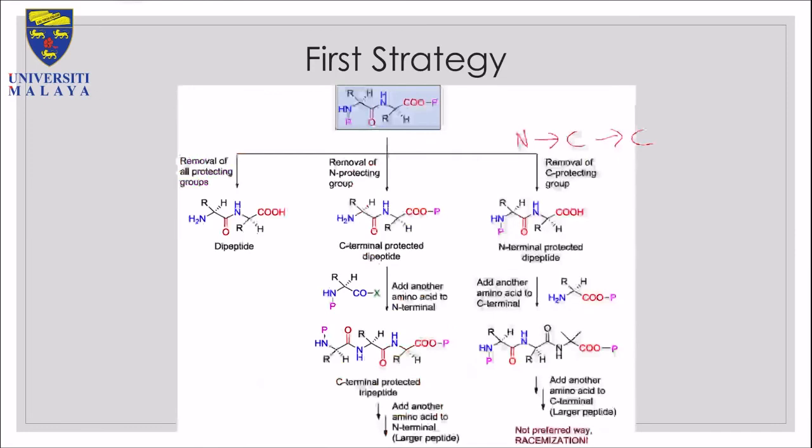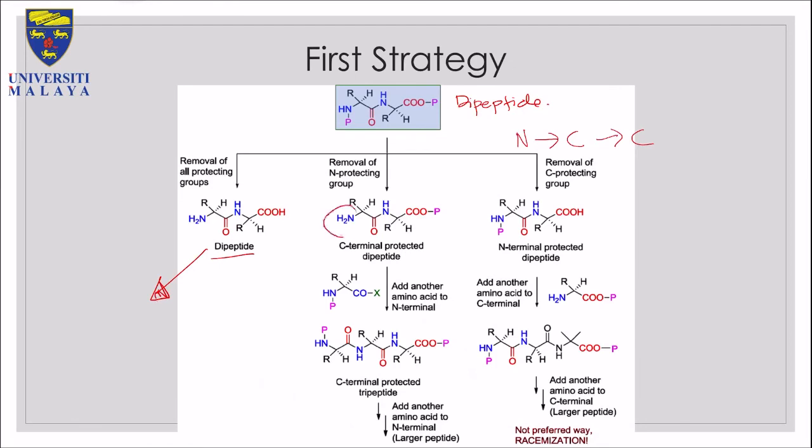Of course there are a lot of other strategies: removal of all protecting groups, removal of the N protecting group, and removal of the C protecting group. Depending on what you want to do next, if you already have your dipeptide there and you remove both protecting groups, you can probably use the dipeptide straight away for whatever reason.